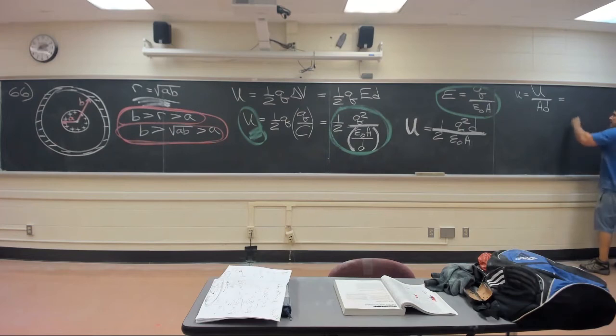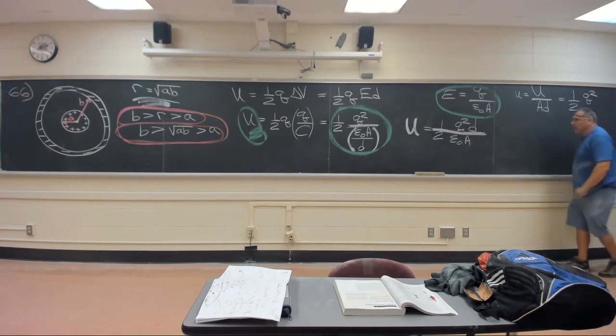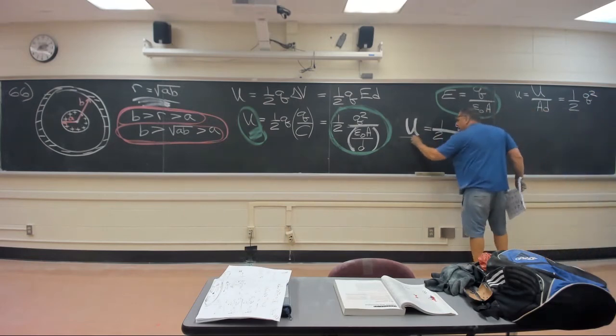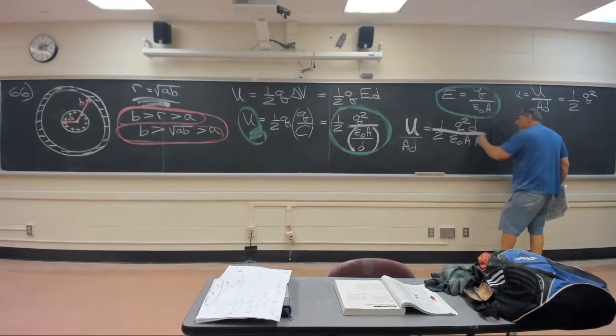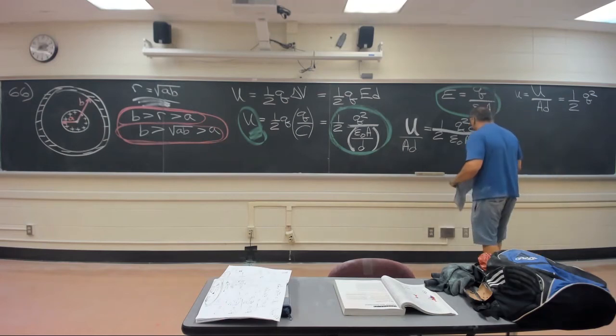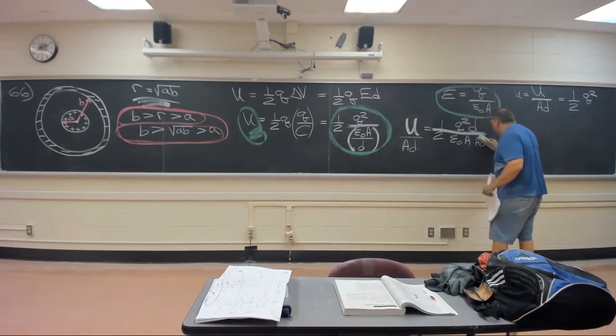AD on the bottom, huh? 1/2 Q squared. If you put an AD here and another AD here, the D's cancel and you got A squared on the bottom. So just to know that.